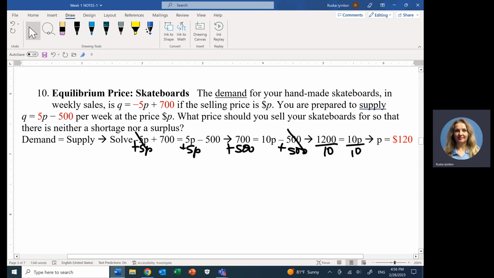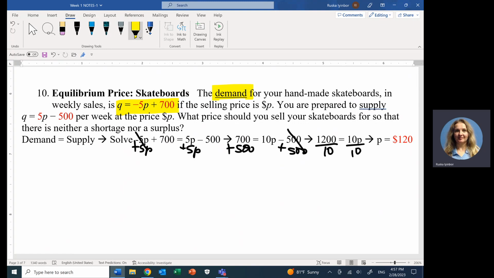So here we have the demand for handmade skateboards given with this equation. The first equation here is the demand equation. That means this is how many skateboards are going to be needed in the market, okay? This is how many people.